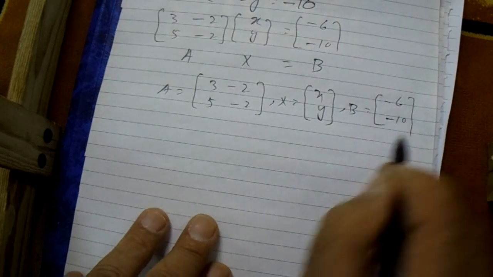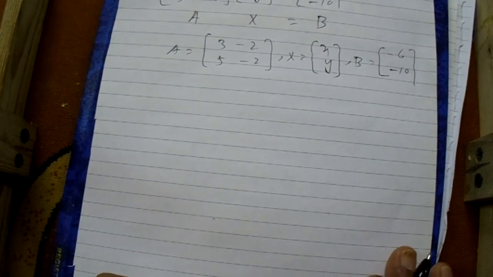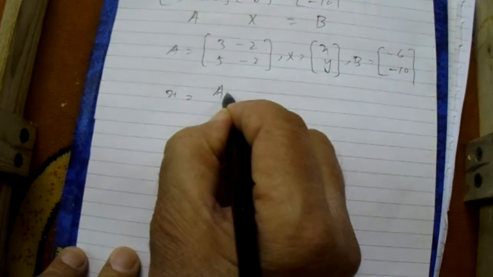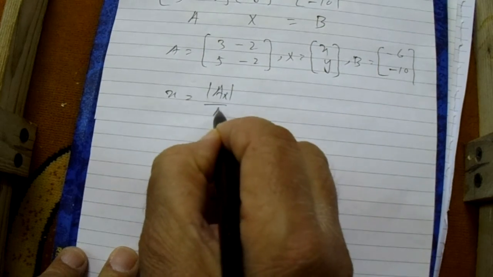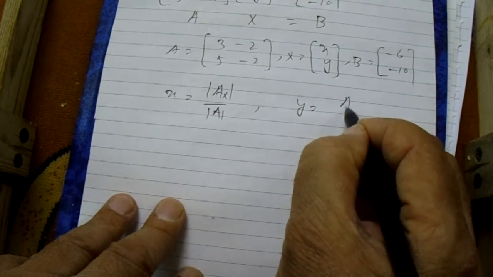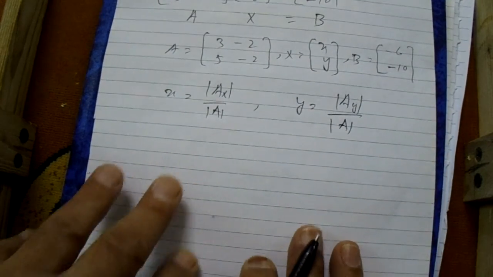Now in Cramer's rule we have the formulas: x is equal to det Ax over det A, and y is equal to det Ay over det A. First we will find det A.